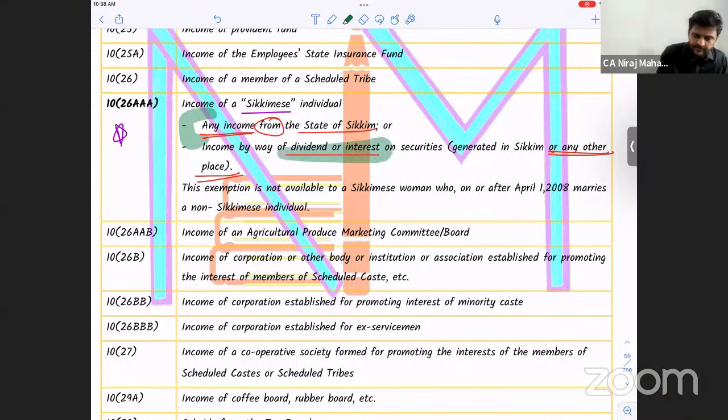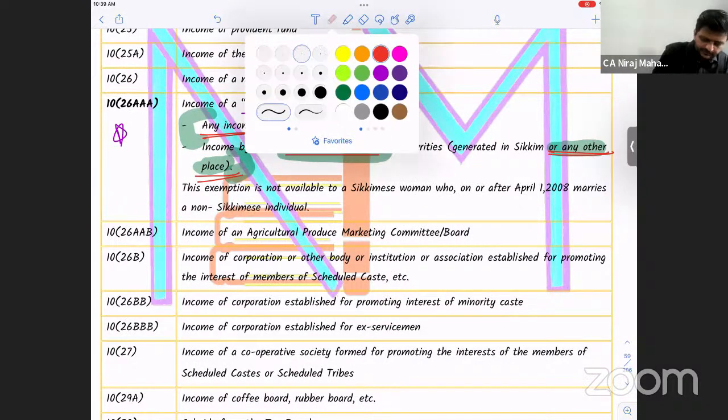But dividend or interest, if he earns from any other place, is also exempt. So what outside Sikkim is allowed as exempt? Only dividend or interest. And all other sources of income he earns from Sikkim are exempt. Clear?